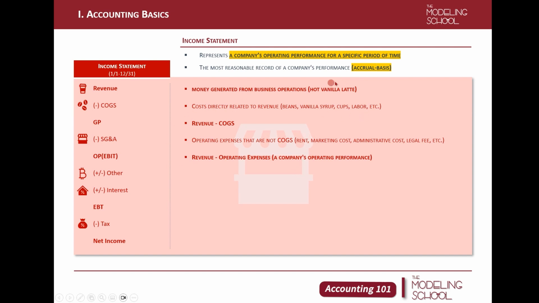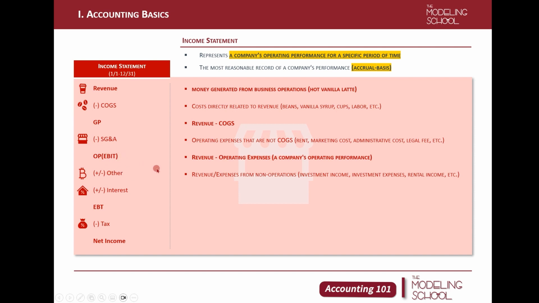For example, if you're doing a cafe business but you've earned money through rent, if the cafe owns a building and you've rented it to others and recorded profit from the building, that kind of profit should not be included over the operating profit, but rather under the operating profit, typically in other income and other expenses.